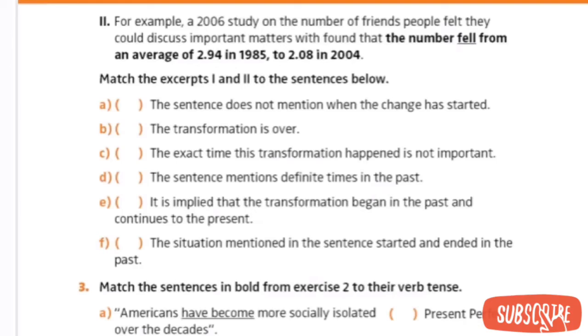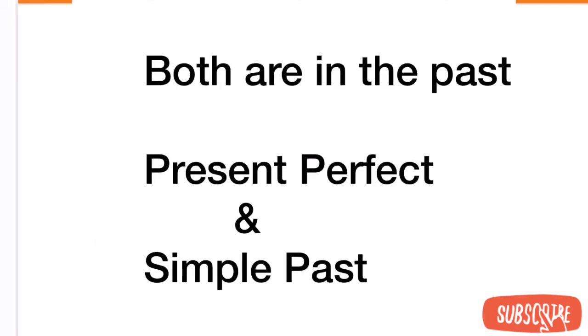The exact time this transformation happened is not important. This is related to number 1 again, because we are not talking about any specific time in the past, because we are talking about present perfect. In both sentences, they mention defined times in the past because both are related to a past action.